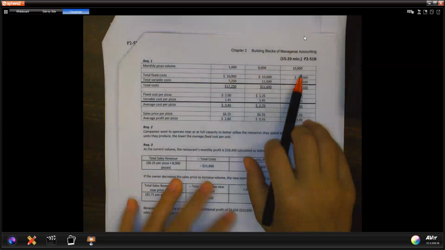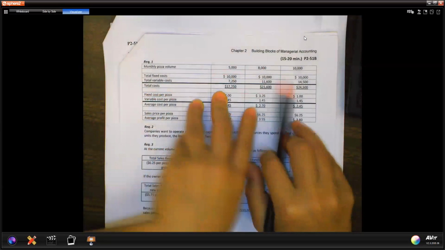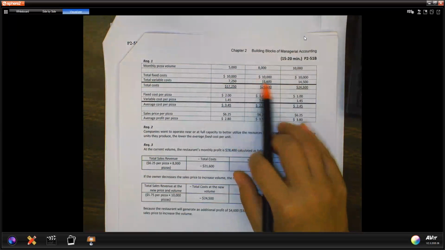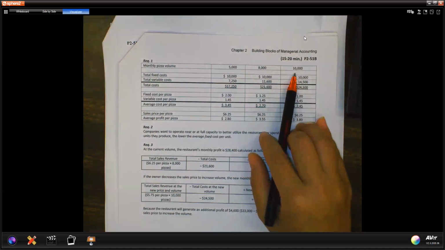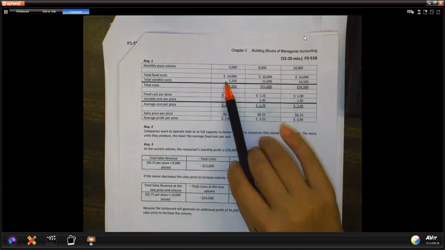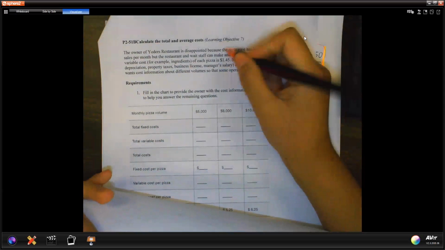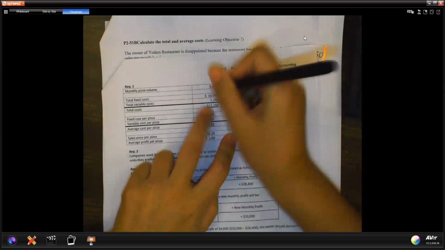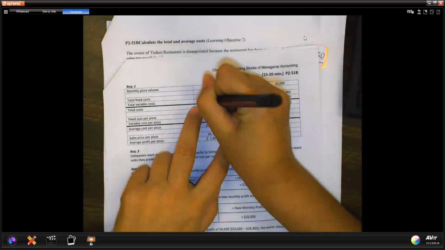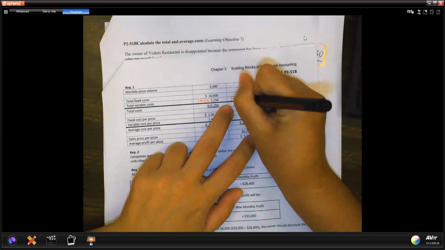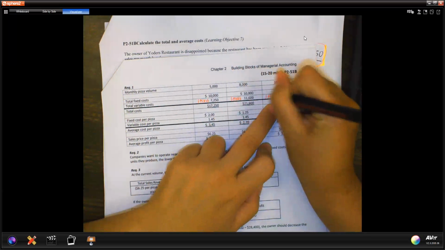When you have 5,000, 8,000, and 10,000 units, fixed cost will always be the same, which is 10,000, no matter how many units you have, as long as it's within 10,000. And then for total variable cost, we said each one is 1.45, so you use 1.45 times 5,000, 1.45 times 8,000, and 1.45 times 10,000.